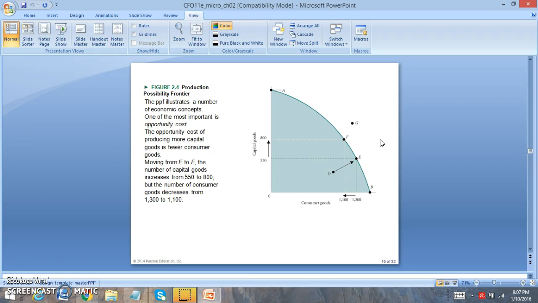That's very important. So you cannot produce more of each. And given that you cannot produce more of each, you have to give up one to produce more of another. That's the key. You have to give up something to get something. And the concept of opportunity cost is very important to this graph because it evaluates our resource allocation.